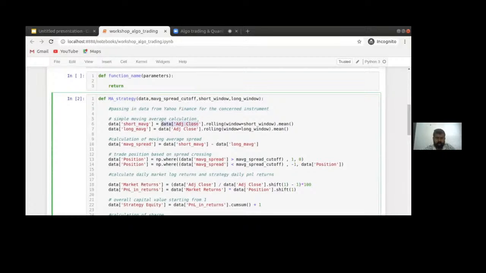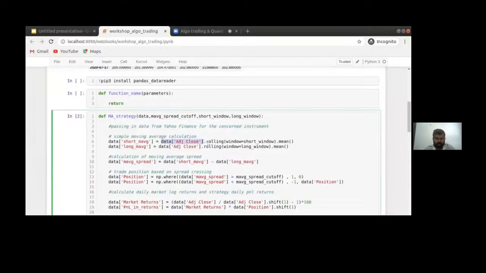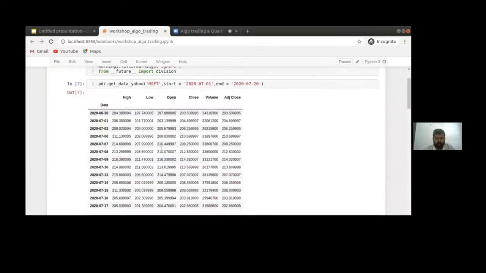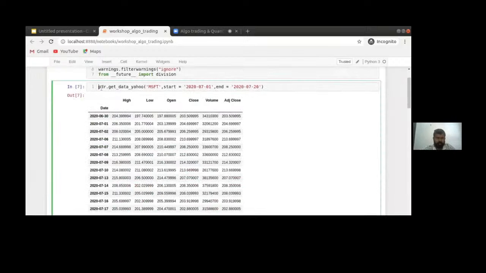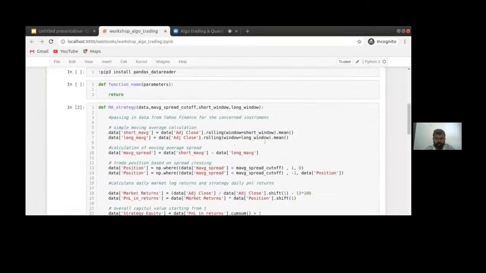I take this column, adjusted close, and then I calculate the rolling mean. Rolling is a method that pandas provides. It basically calculates some quantity over a rolling window, and different quantities can be calculated.